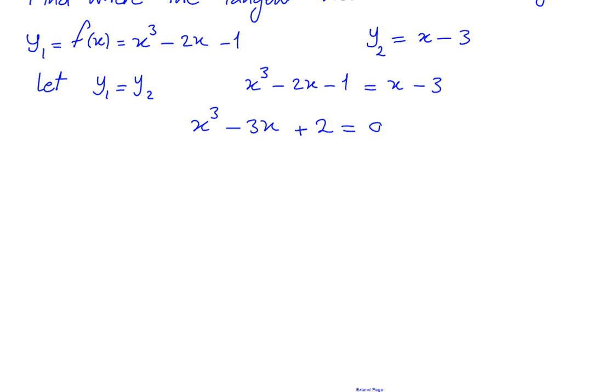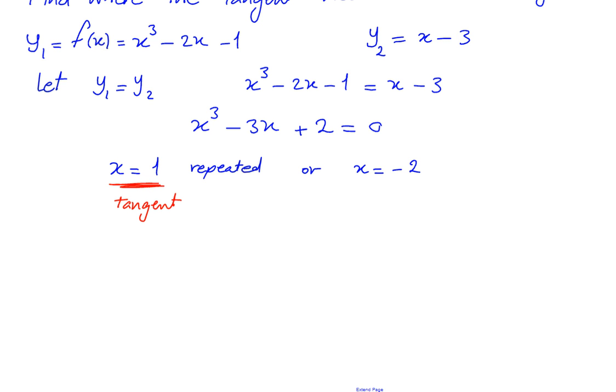So either x equals 1 repeated, or x equals negative 2. X equals 1 repeated, this is where the tangent is. This is where the point of contact is.